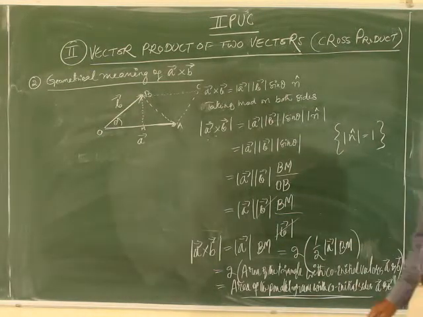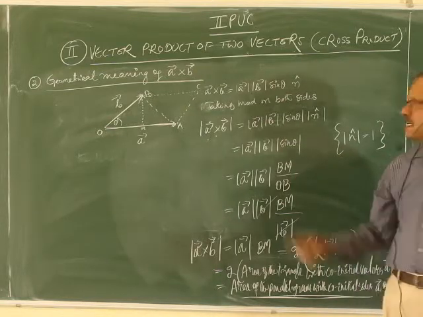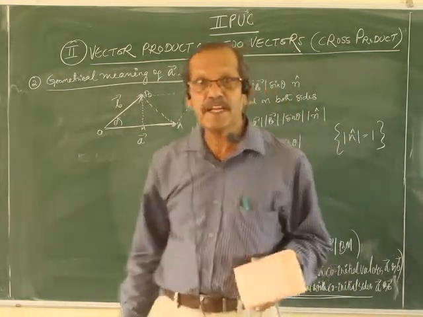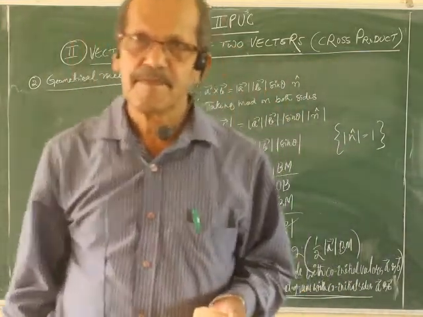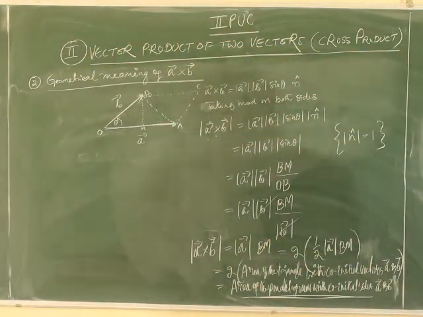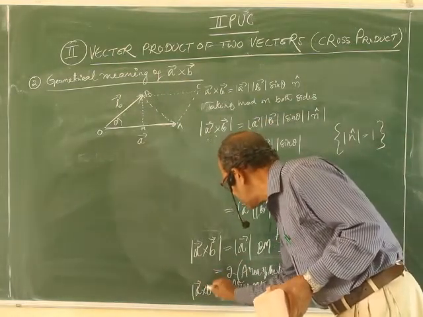If you find A cross B and take the modulus of that, what do you get? Area of the parallelogram or 2 times the area of the triangle. So mod A cross B is nothing but the area of the parallelogram.